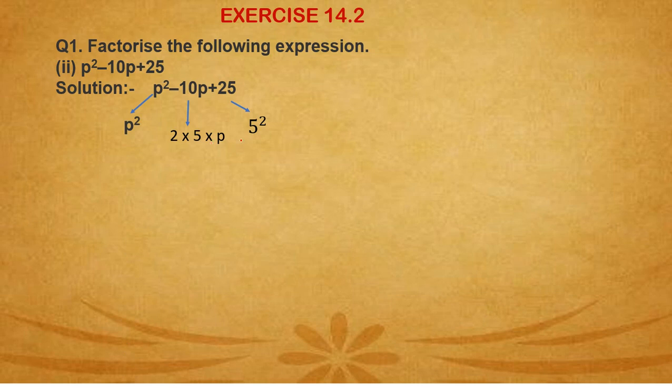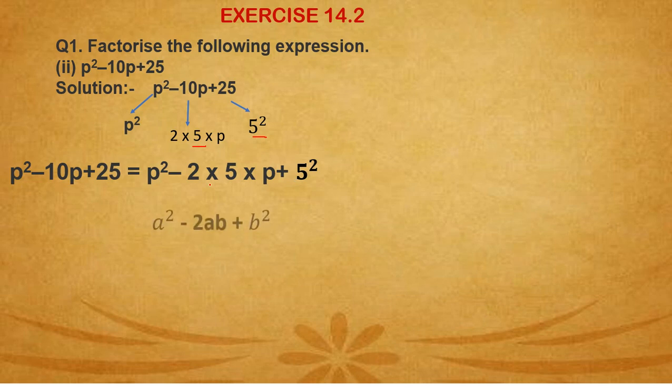Now we have the three terms, and when we express them in different forms as square and the factor of the second term, we get that 5 should be included in the factorization of the second term, that is the middlemost term. So here p square minus 10p plus 25 can be expressed as p square minus 2 into 5 into p plus 5 square.